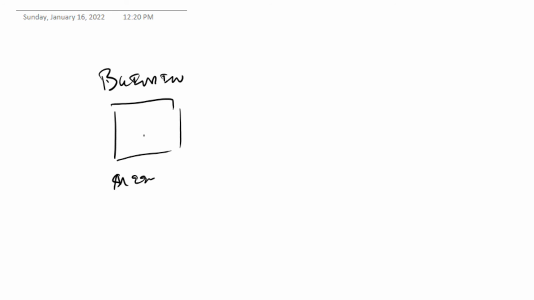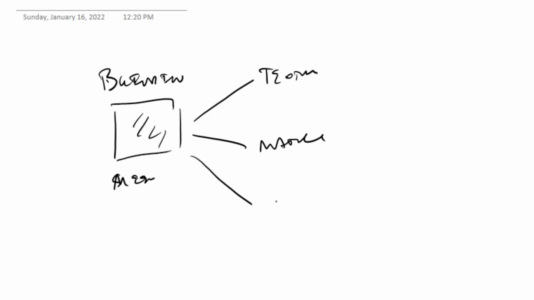Let's say you've got a building, and the building may have its mesh structure here, and it may have, of course, textures. It may have materials. It may have all kinds of stuff, maybe blueprints, etc. It just goes on and on.